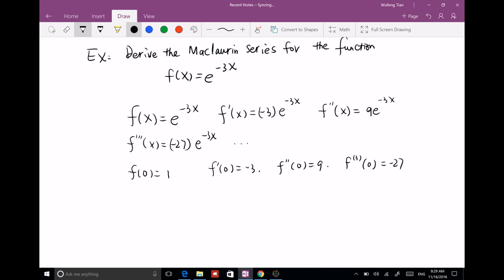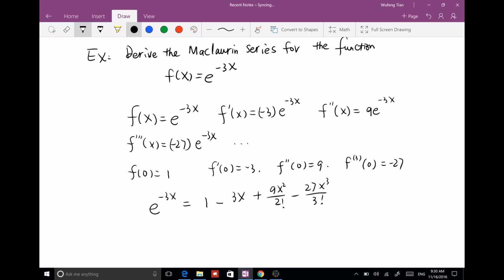So if you plug that in, you get e to the negative 3x equals 1 minus 3x plus 9x squared over 2 minus 27x cubed over 3 factorial.